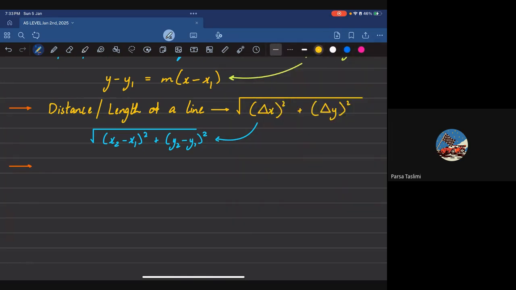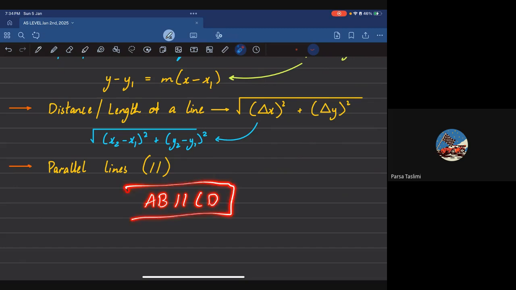Now moving forward, if two lines are parallel. For parallel lines, nothing really happens apart from the fact that they are showcased using two lines together. This shows that two lines are parallel. So I can write this symbol to show that AB is parallel to CD. Clear? This is the symbol for showcasing parallel lines.